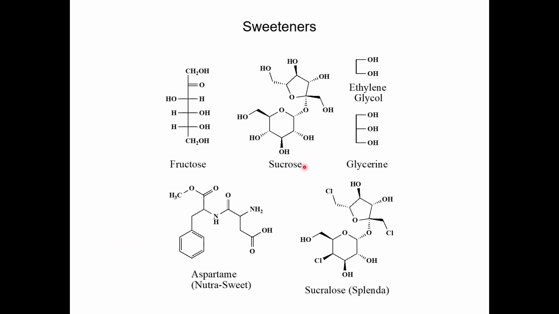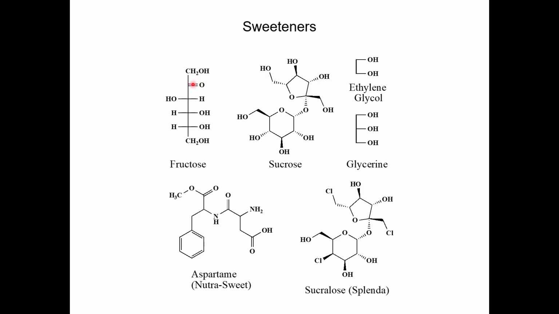Now here's sucrose. This is good old-fashioned table sugar. Sucrose is actually a dimer, not a monomer, not a polymer, it's a dimer. It's a dimer of a glucose molecule and a fructose molecule.